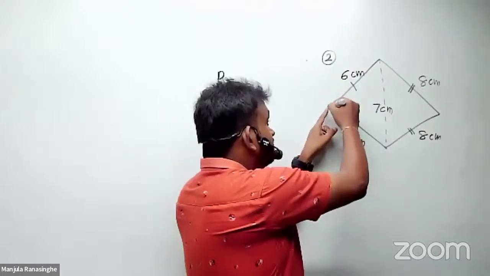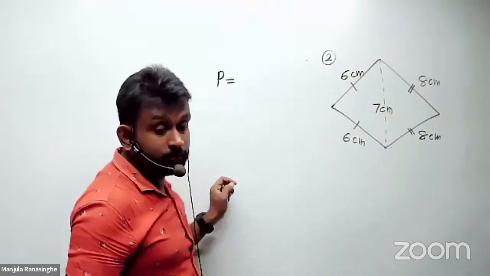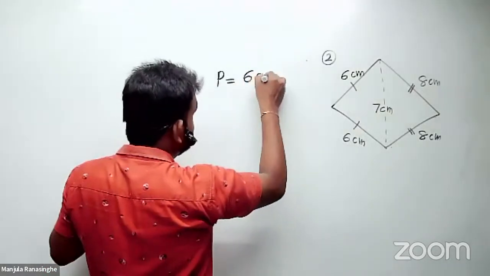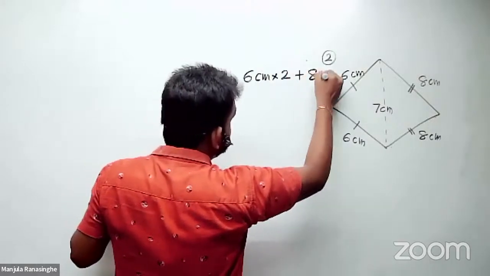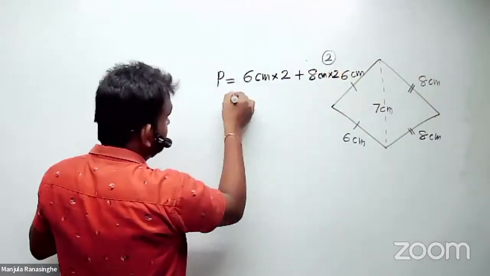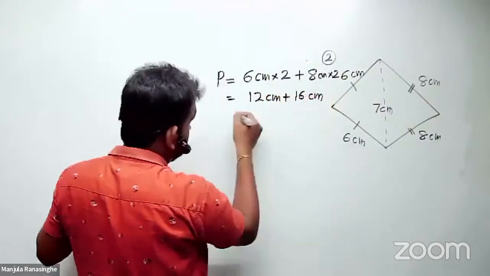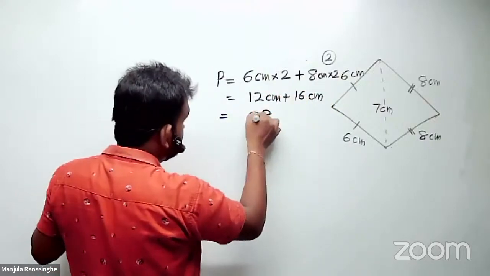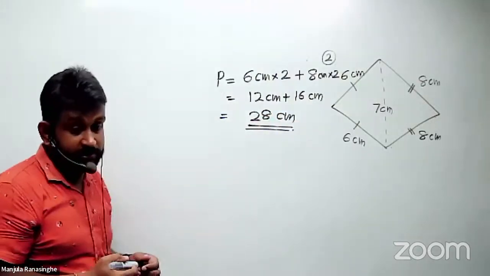So I start by this point 6, 8, 8, 6. So it says that 6 centimeters similar to, right, 8 plus 8 centimeters similar to, right, then 6 into 2 is 12 plus 8 into 2 is 16. So you have to add these two, then it gives you 28 centimeter. So that is the perimeter.